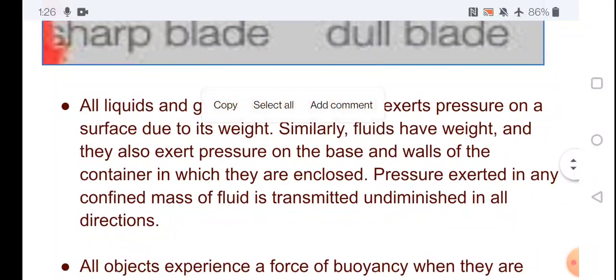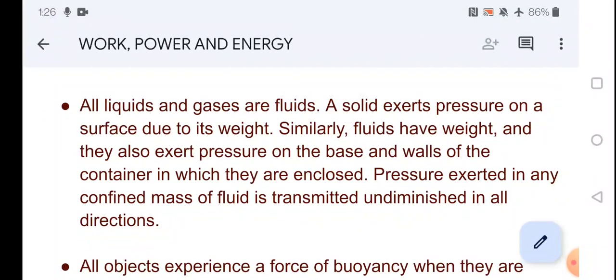All liquids and gases are fluids. A solid exerts pressure on the surface due to its weight. In solids, we measure the pressure from the weight, whereas in liquids or gases, we cannot measure the pressure directly.